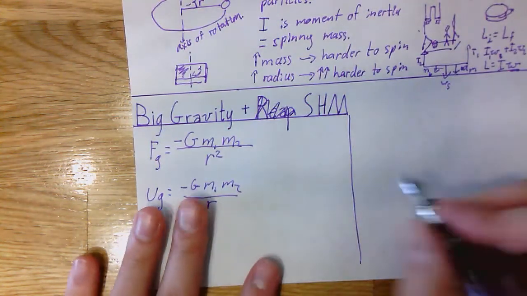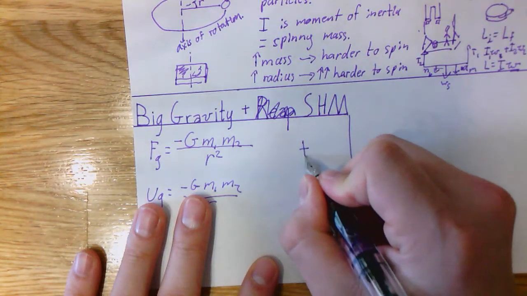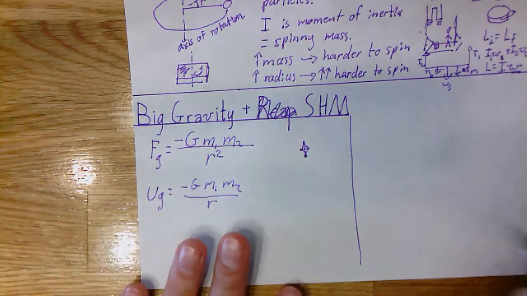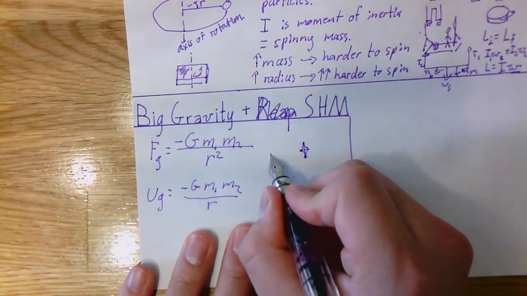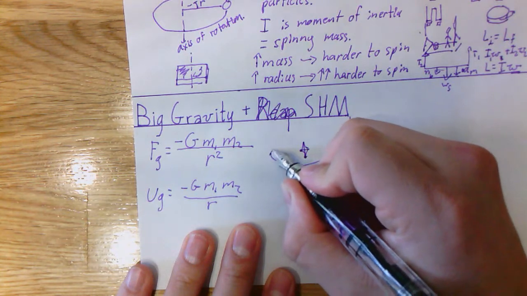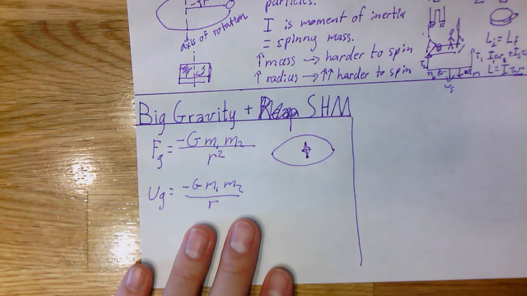Okay, so for orbits, let's say we've got a star. All right, so there's our star, and we are orbiting around our star. Oh, that's actually a little too symmetrical. Oh well, we'll look at it.